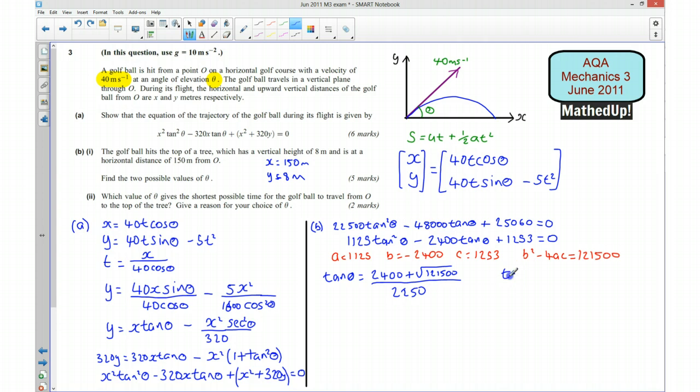And also tan theta is going to be equal to 2,400 take away the square root of 121,500 all over 2,250.